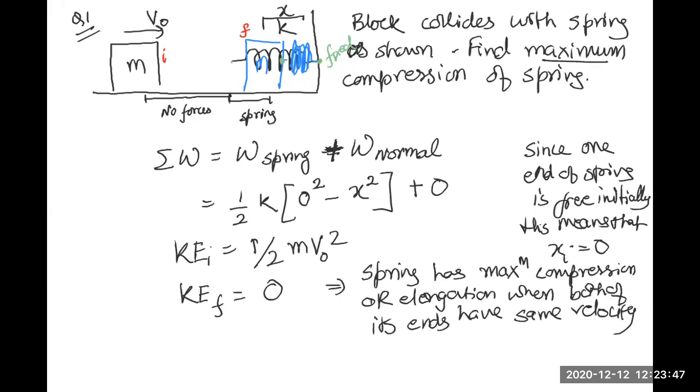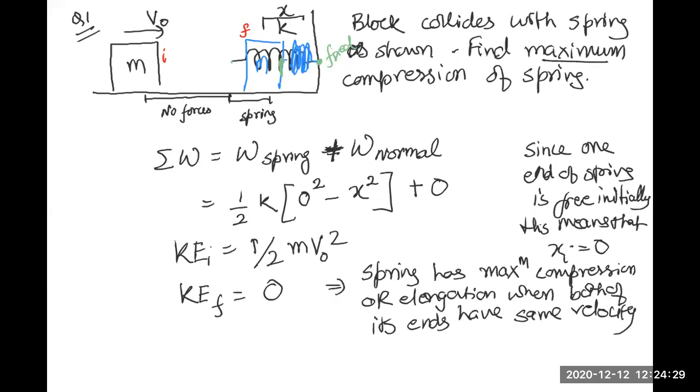Maximum compression का मतलब ये हुआ कि अब और वो spring compress नहीं होएगा. इसका मतलब कि ये ब्लॉक अब और राइट मूव नहीं करेगा. इसका मतलब कि ब्लॉक की वेलोसिटी वहां पे जीरो हो गई है। अगर ये एंड ऑफ द स्प्रिंग मूव कर रहा होता तो मैक्सिमम कंप्रेशन की कंडीशन होती कि दोनों पॉइंट्स की वेलोसिटी सेम हो जाए। लेकिन चूंकि यहाँ पे इसकी वेलोसिटी जीरो है, ये वाले एंड की भी वेलोसिटी जीरो होनी चाहिए.